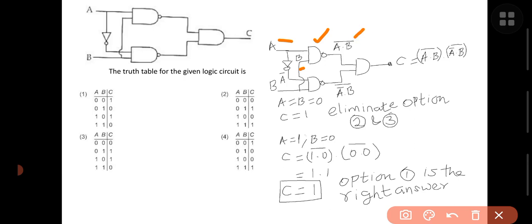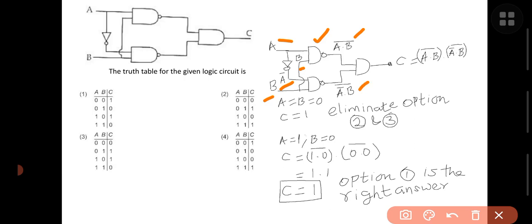This is the output of the first NAND gate. For the second NAND gate, at the input we have A bar and B, and at the output we get A bar dot B, the whole bar.